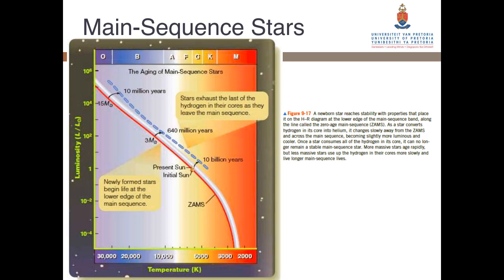Once a star consumes all of its hydrogen at its core, it can no longer remain a stable main sequence star. More massive stars age rapidly, but less massive stars use up the hydrogen they have more slowly, and live longer main sequence lives.